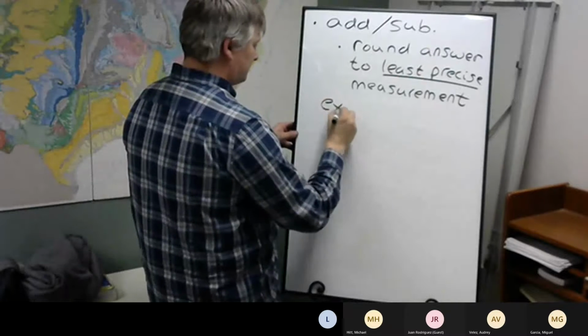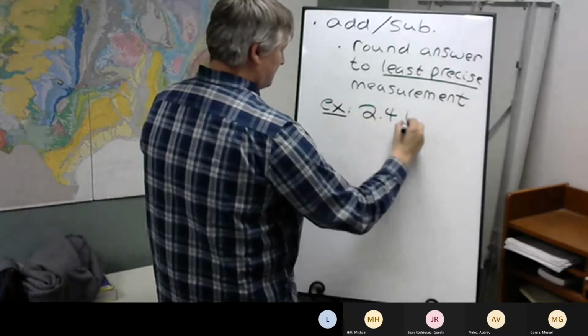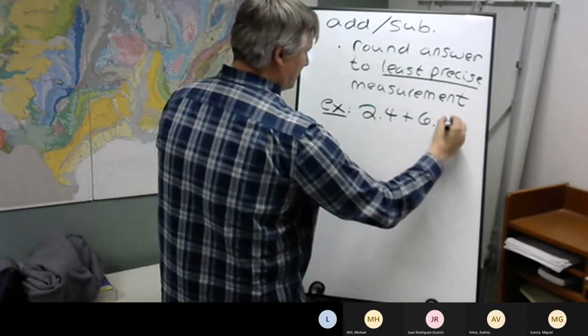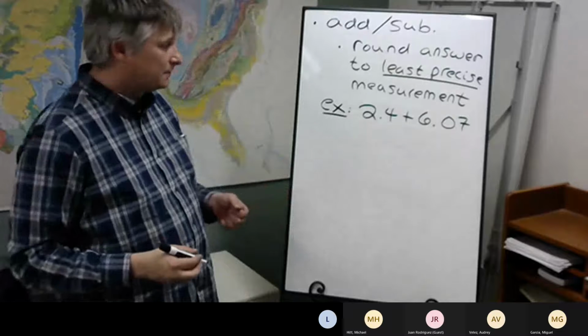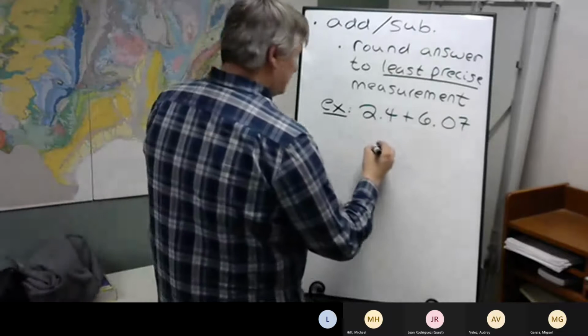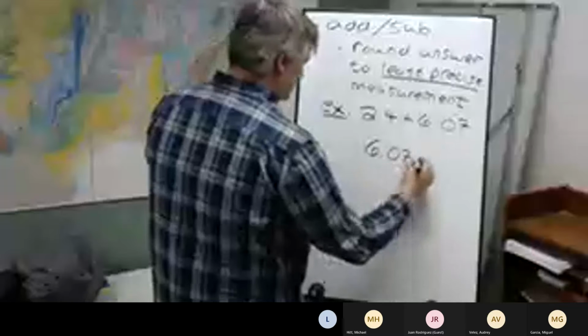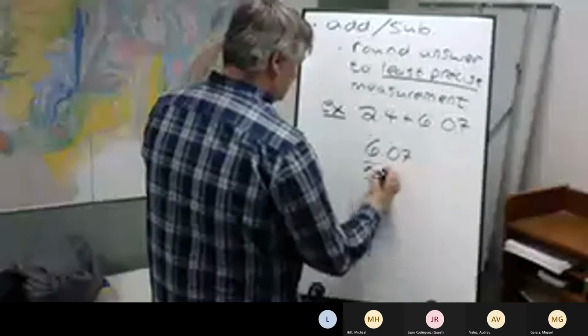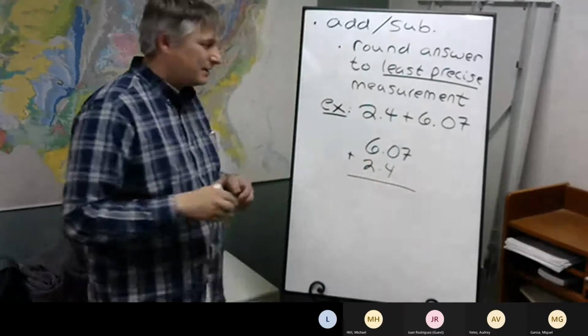So let's take a look at this. For example, you're adding these 2 numbers. So again, we add them how we've been taught. 6.07, 2.4. Now, this we've got to be kind of careful.